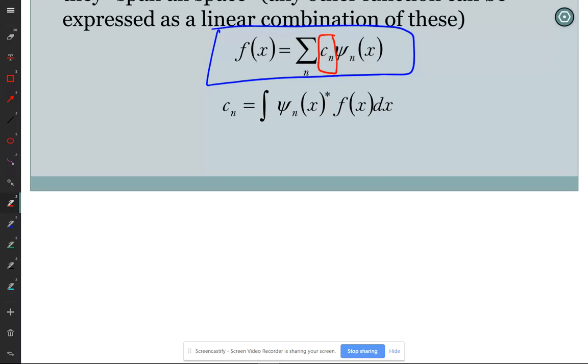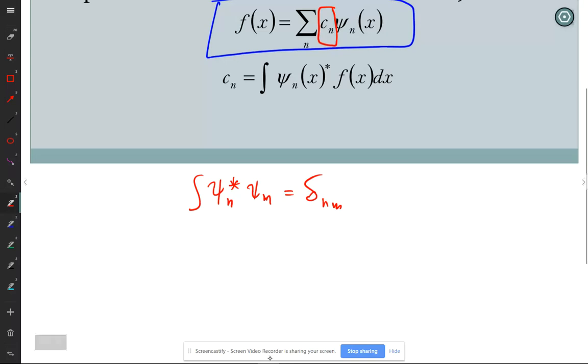Now I'm going to write this using the definition, the integral of, we had that relation, right? And so C sub n is equal to the integral of psi sub n star. And then for f of x, I'm putting what Dirichlet said we should be able to do.